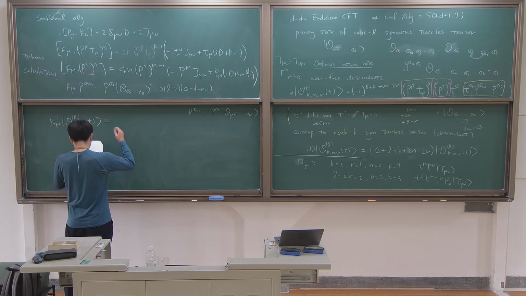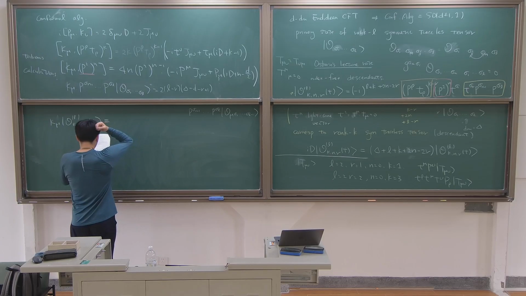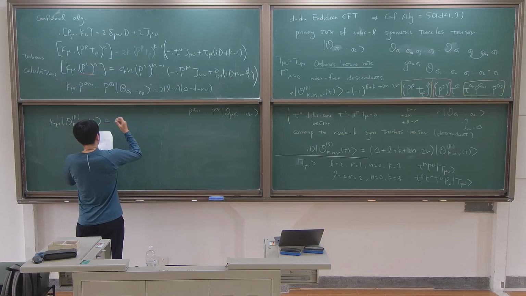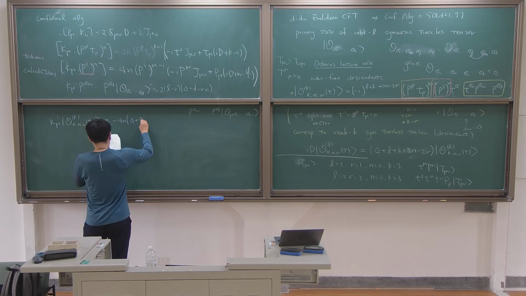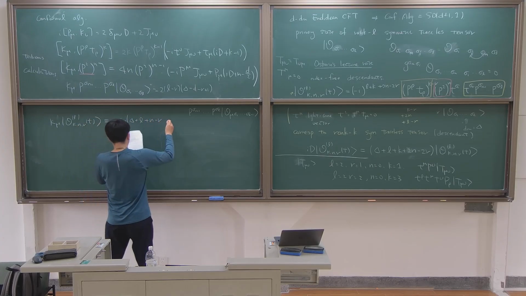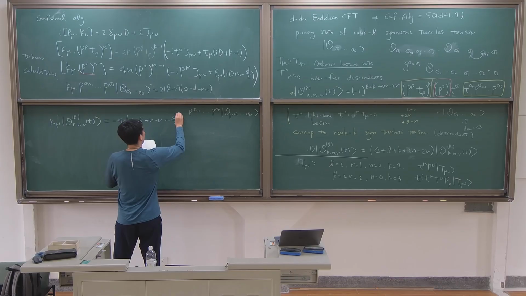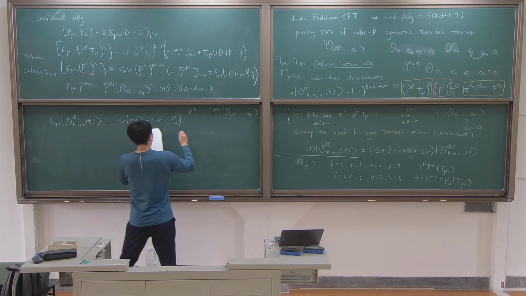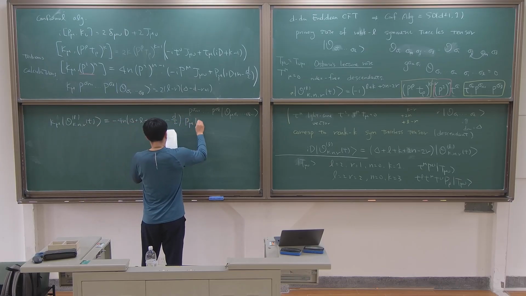Unfortunately, I have to write minus 4n and delta plus L plus n minus r. You don't need to write down everything, because it's written in the lecture note.